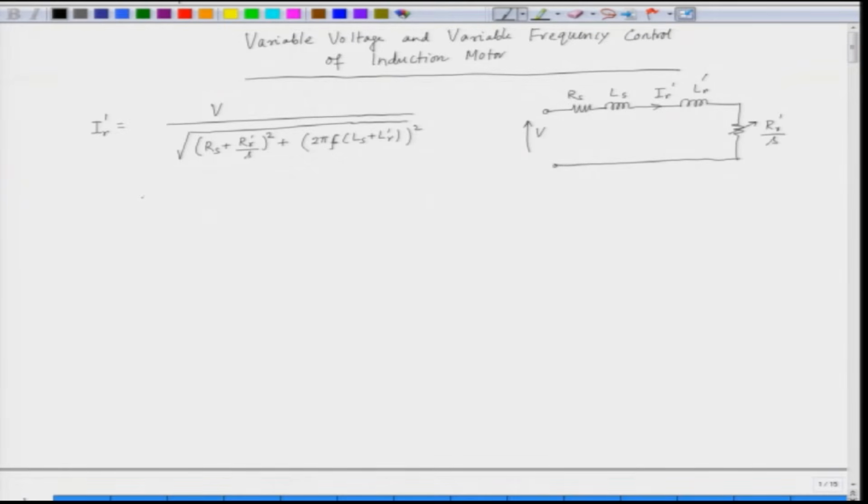Now, if we simplify this, we will get the following value: V divided by under root R s plus R r prime by S whole square plus 4 pi square F square into L s plus L r prime square.